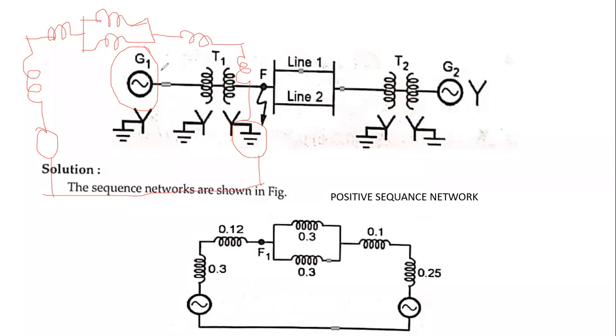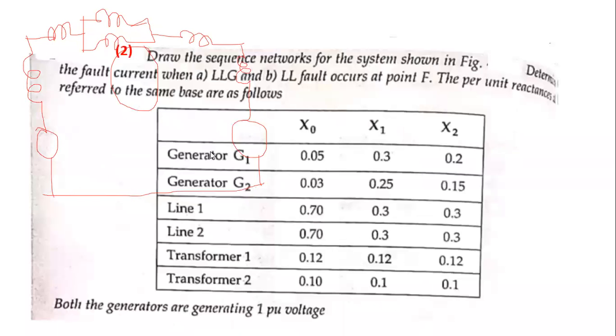What is the positive sequence reactance X1 for generator G1? It is 0.3. Generator G2 has positive sequence reactance 0.25.